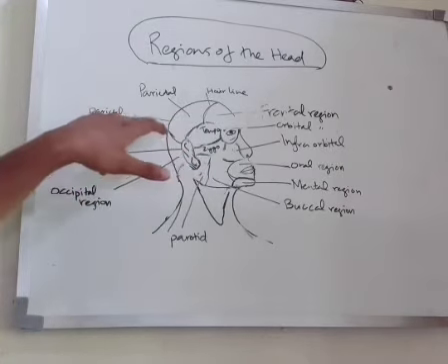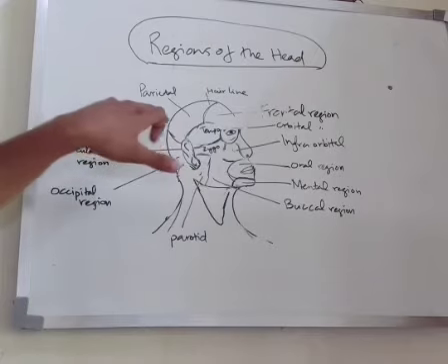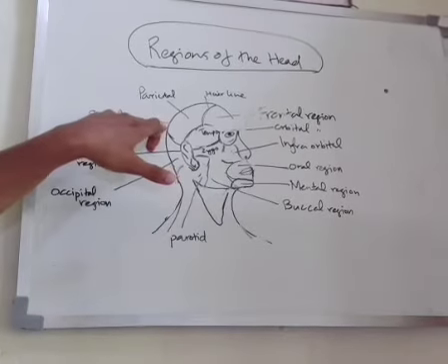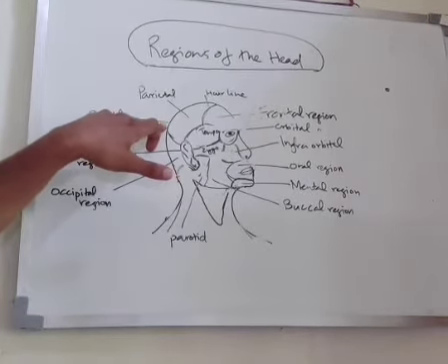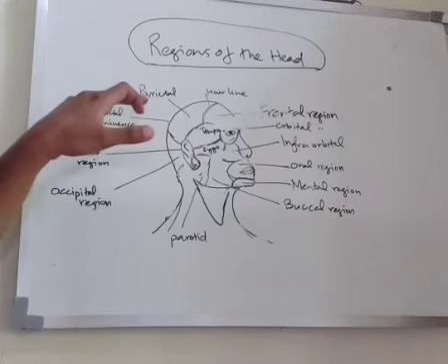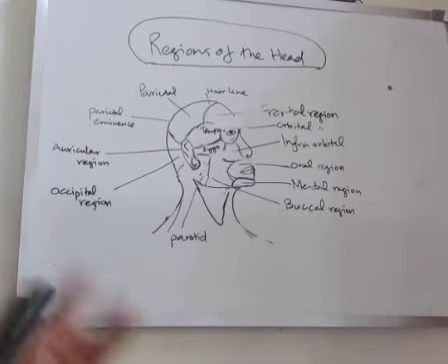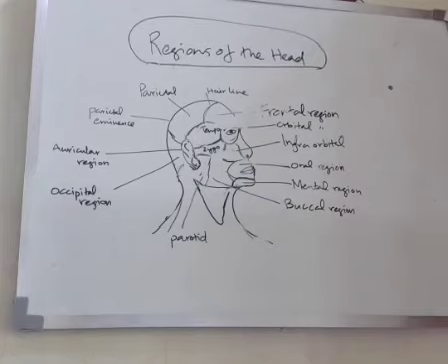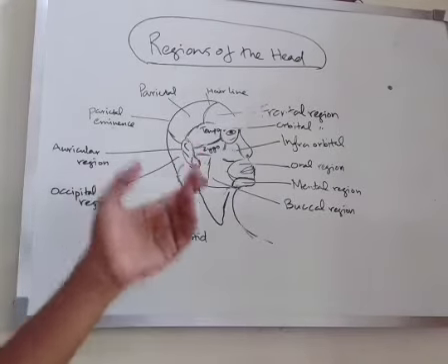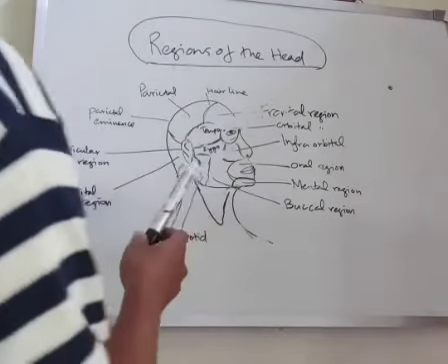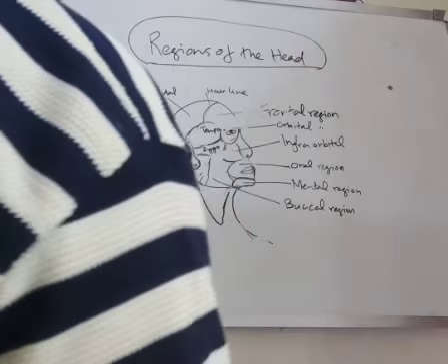As you see here, behind the parietal eminences there is the coronal plane, and on either side the temporal line.